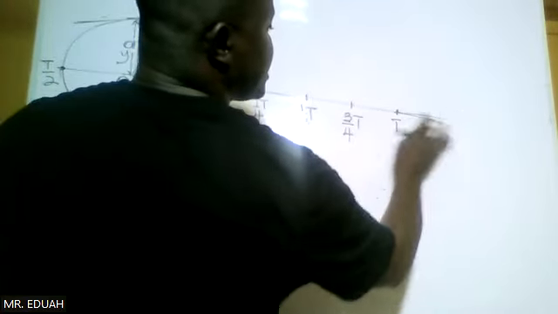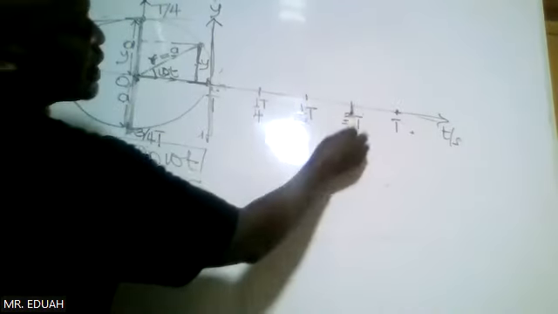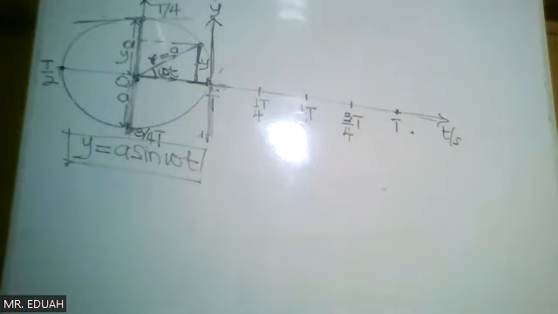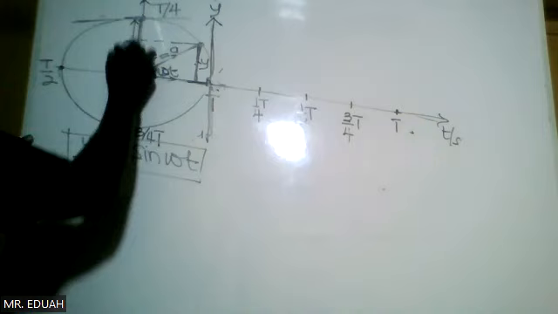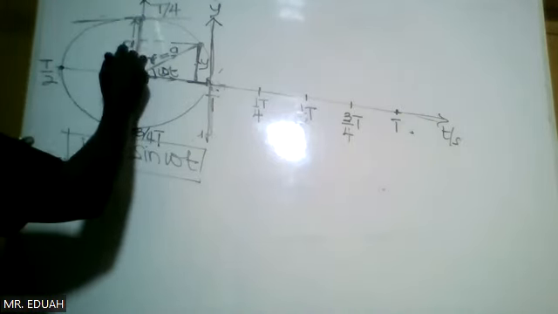If you can see, we have divided the time into 4 parts. Now, when it oscillates from this point to this point, this is the amplitude, which is the maximum displacement.